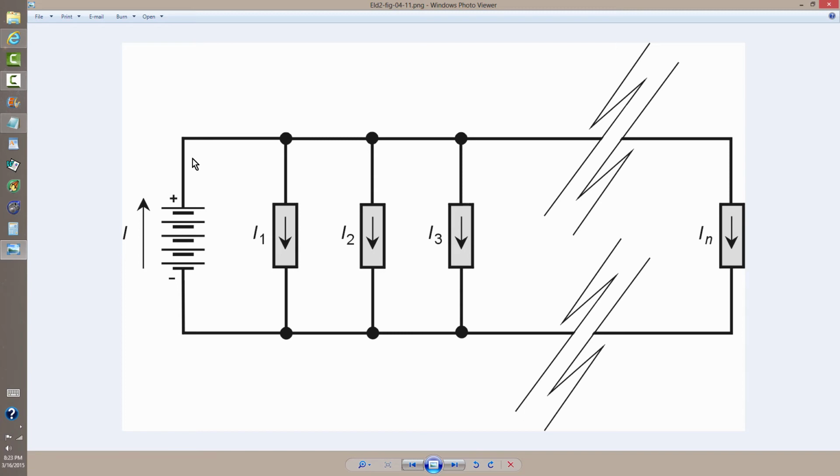When you connect a bunch of loads in parallel, you increase the amount of current that is required of the source, in this case a battery, and the total current demanded from the battery is equal to the sum of all of these. So I equals I sub 1 plus I sub 2 plus I sub 3 plus ... plus I sub n, where n is the number of loads connected in parallel.